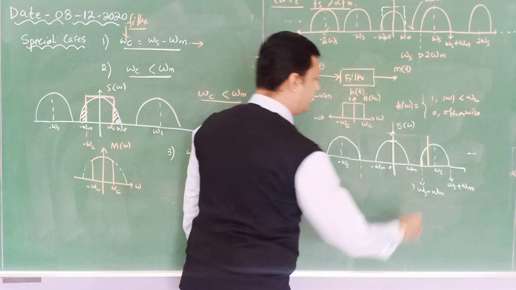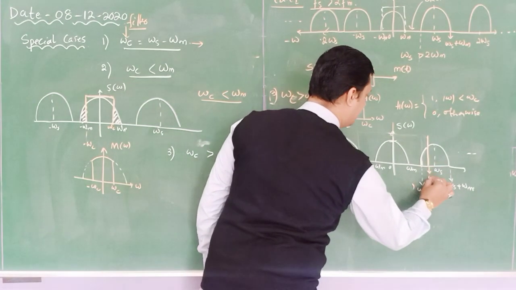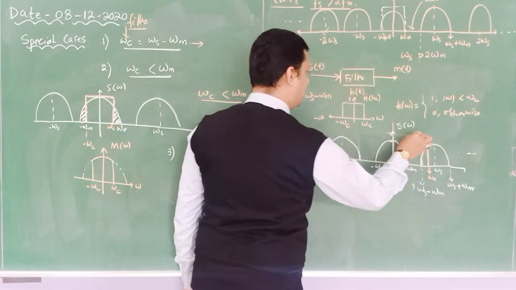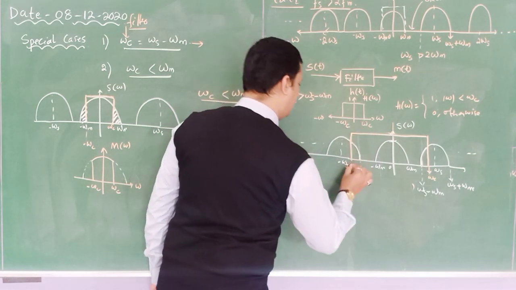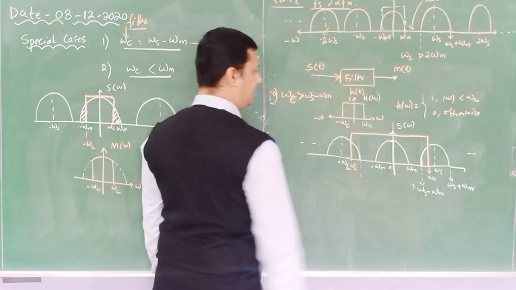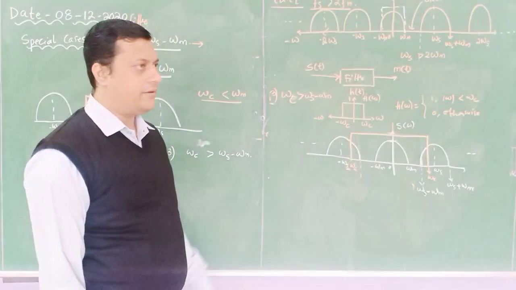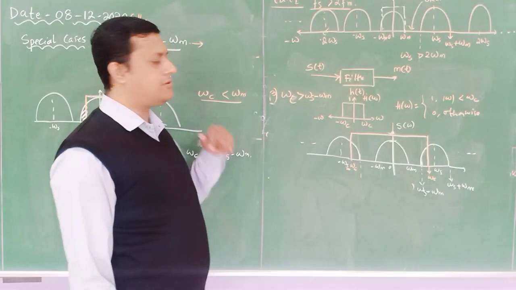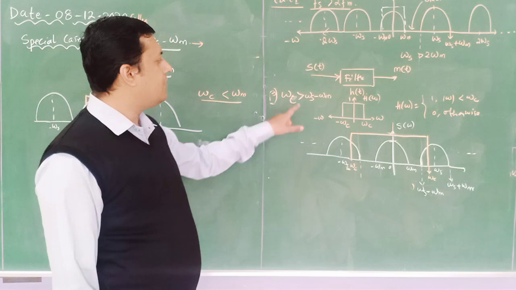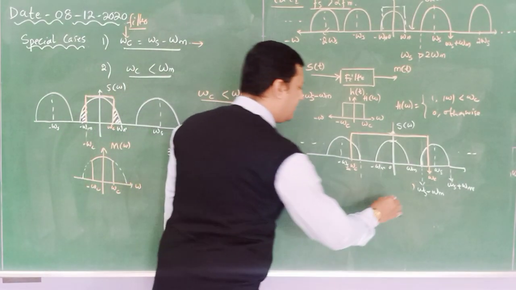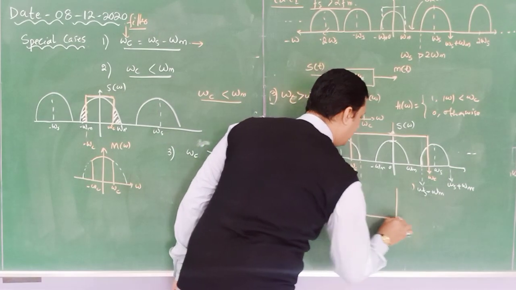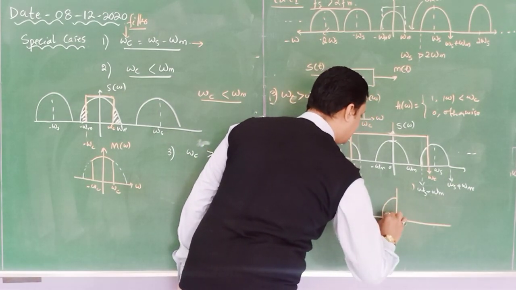Let us consider this is your omega c. Similarly, for the reflection part also, we can consider it is minus omega c. So when this sort of sample is passed through this filter response, whose omega c is greater than omega s minus omega m, the output will look like this.